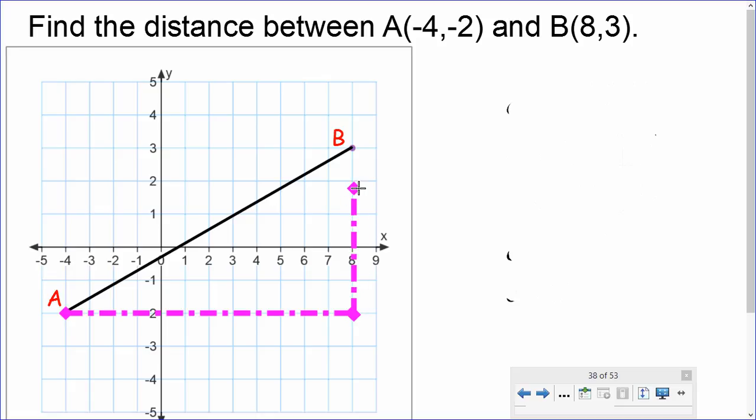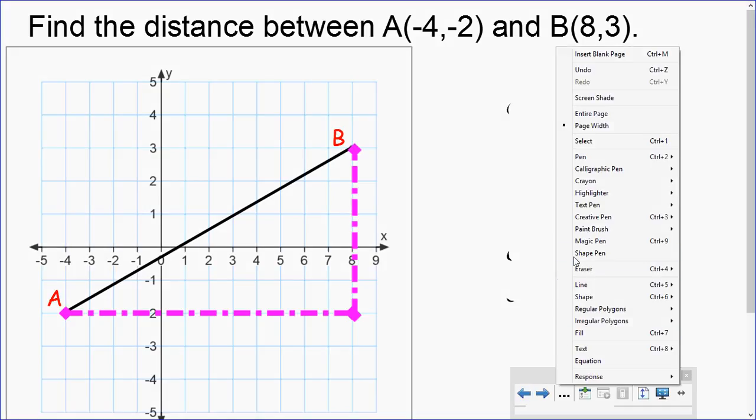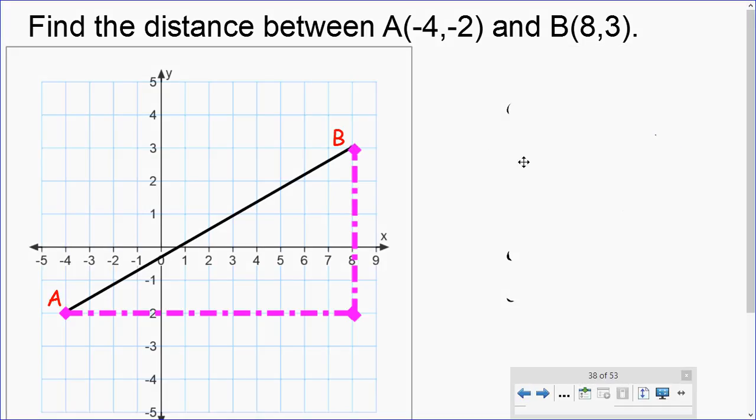Now, going up, we're going from down here at 2 all the way up to this point up here at 3. So that's a total of 5 boxes. Just count the boxes again would be my recommendation, just to see how far you have gotten.